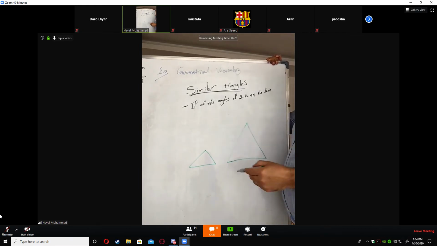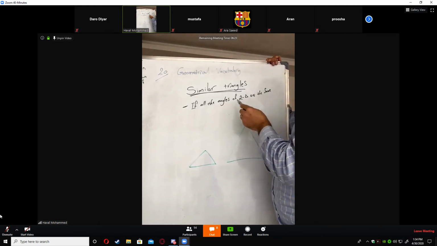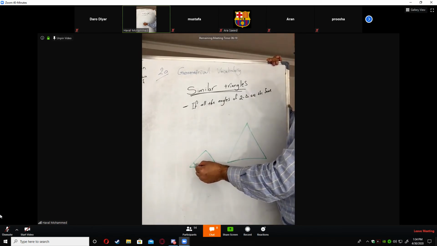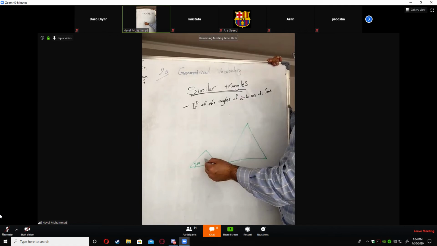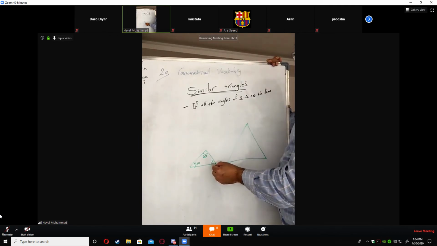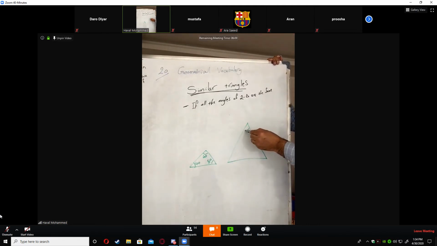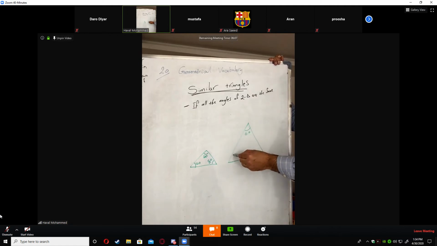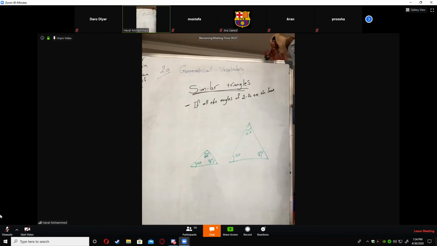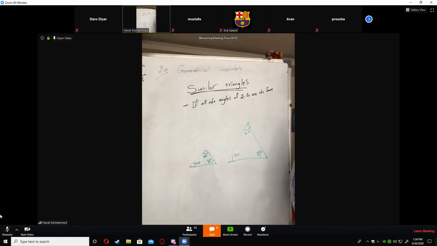If all the angles of two triangles are the same, for example, let me say this is maybe 40, and this is 60, and this is 80. Then this is again 60, this is 40, and this is 80. That's your first condition: if all the angles of two triangles are the same.